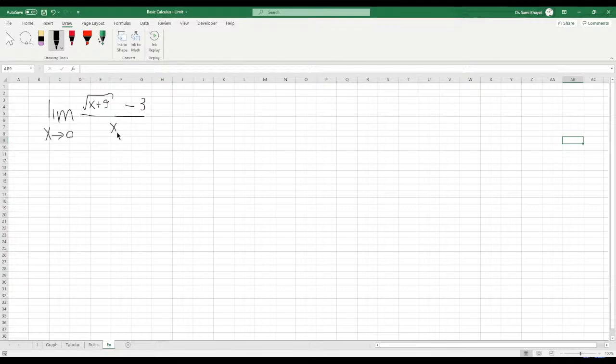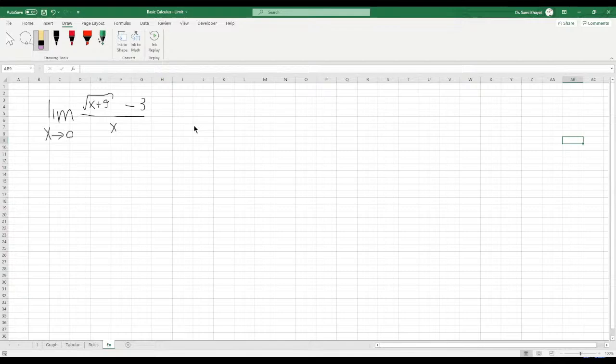Now, let's look at this one. If I substitute x directly here by 0, it will be the square root of 9, which is 3. 3 minus 3 is 0. And then divided by 0 cannot be. We cannot solve it by following this rule.